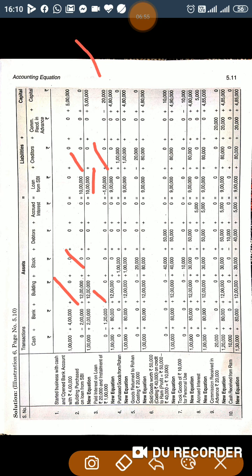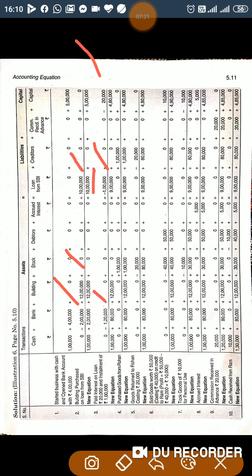Expenses should be deducted from the capital. So after that, the equation becomes cash 1 lakh, bank 80,000, building 12 lakh, stock nil, debtors nil, accrued interest nil, loan from SBI, now the balance is 9 lakh, creditors nil, commission received in advance nil, capital becomes 4 lakh 80,000 after deducting 20,000.